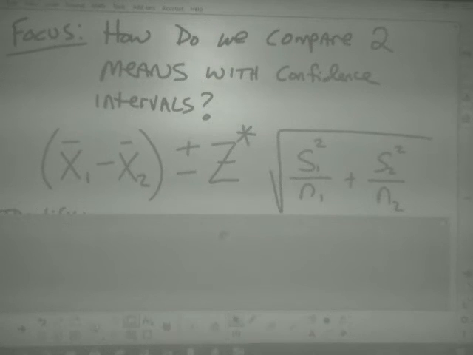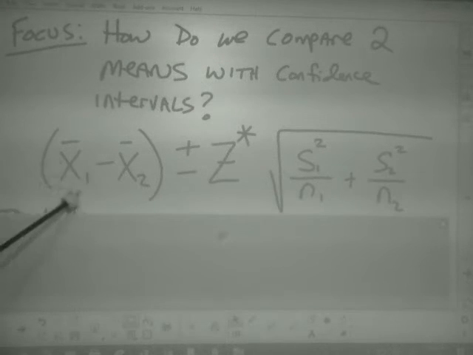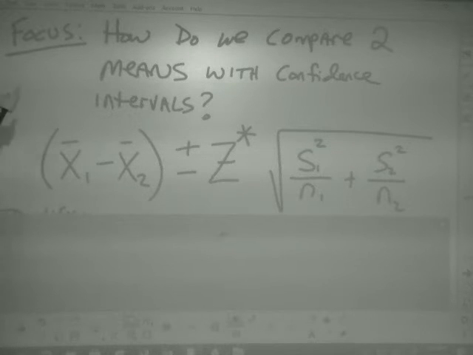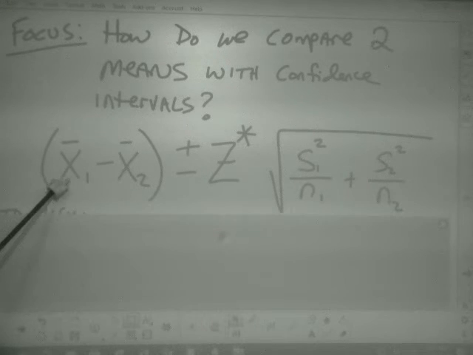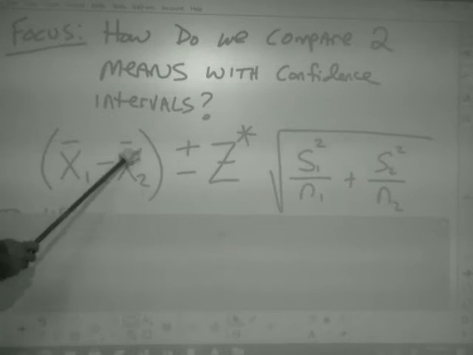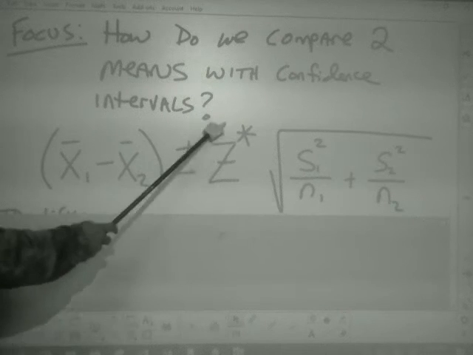So the formula starts out with the difference of the two sample means. So we have two populations. We'll have two means. Whatever you call population 1, this is the mean from that one. This is the mean from population 2. Still plus minus, still the same z star from the chart.